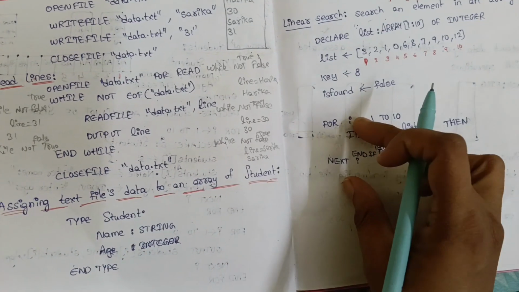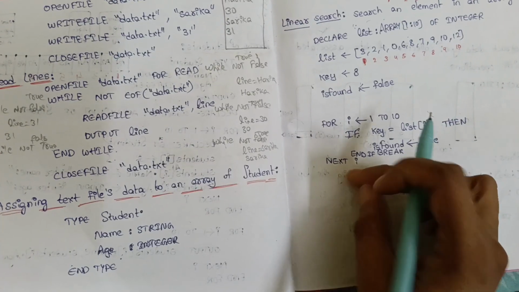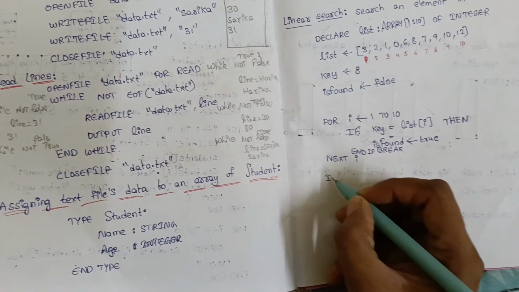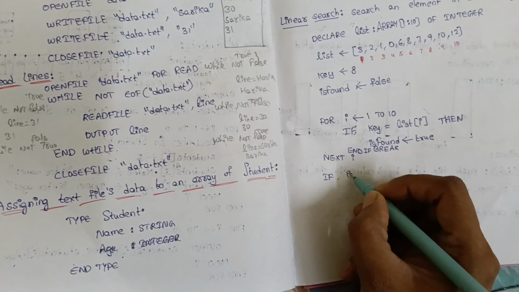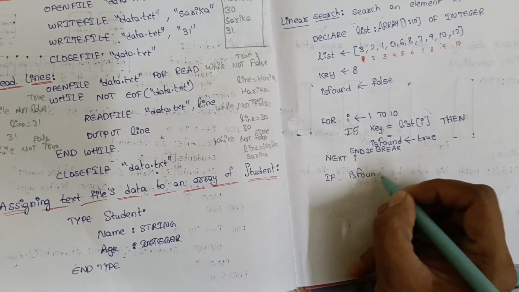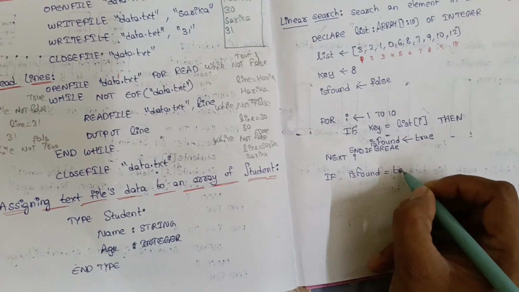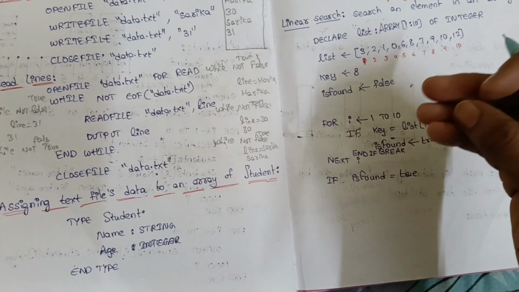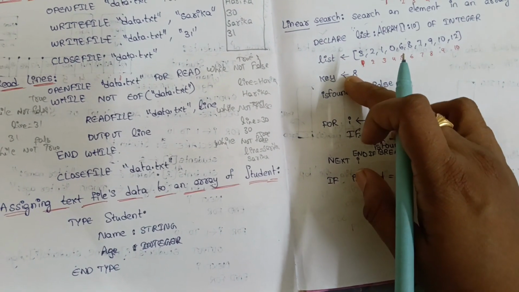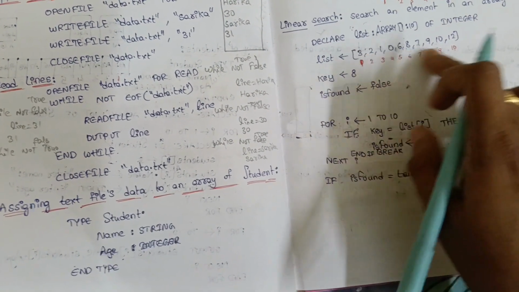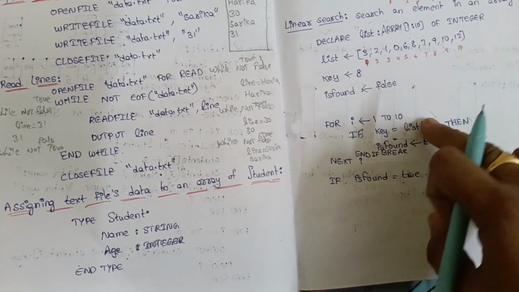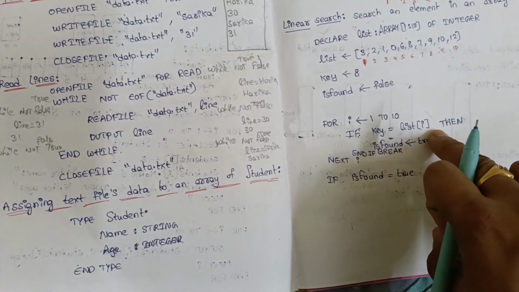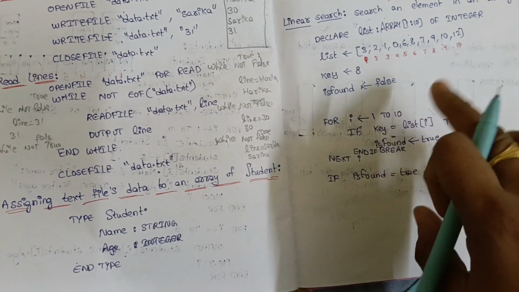Okay, after getting out of the loop, only then you have to check if is found equal to true. In some cases, we would not have the key element in the whole array. Then that means we don't enter this if statement at all.